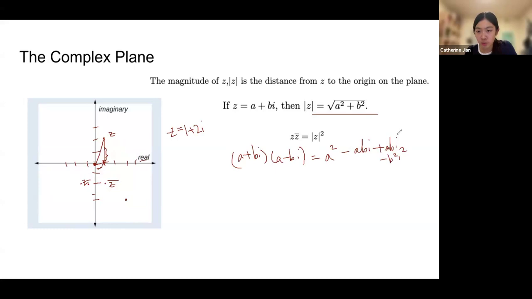Negative abi and abi cancel out, so we just have a squared minus b squared i squared, and then i squared is negative 1, so this is just a squared plus b squared. And this is just the square of the square root of a squared plus b squared. So that's why this is true. And this is also pretty useful. Okay, so now we can move on to the next slide.